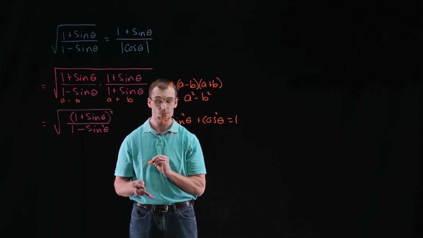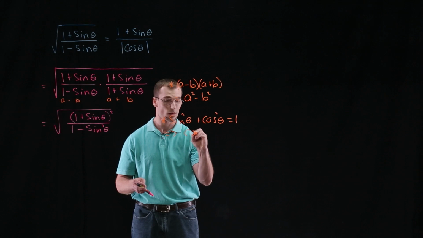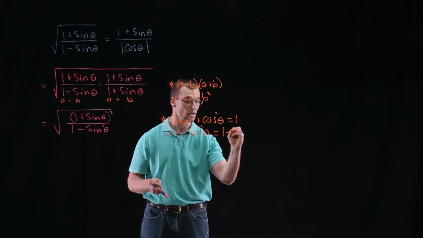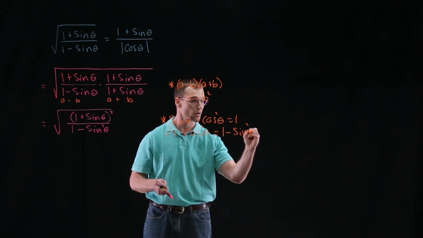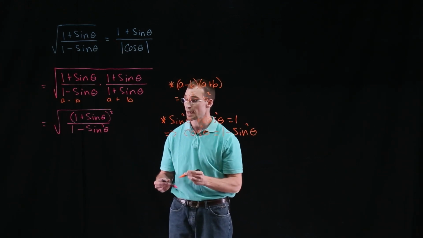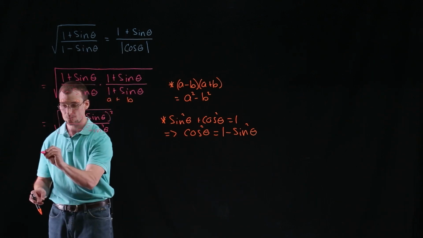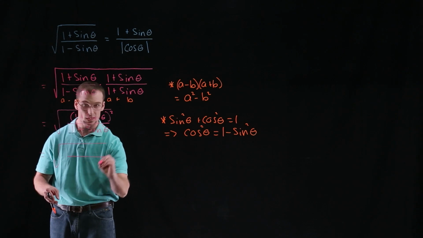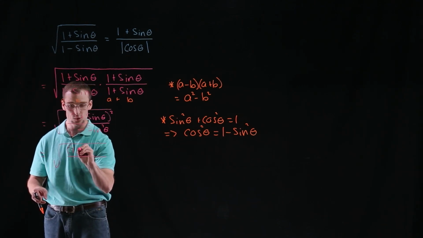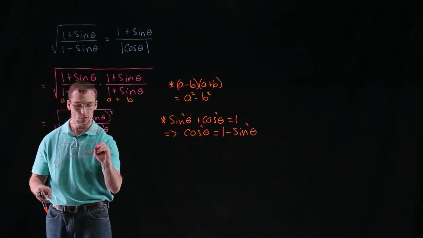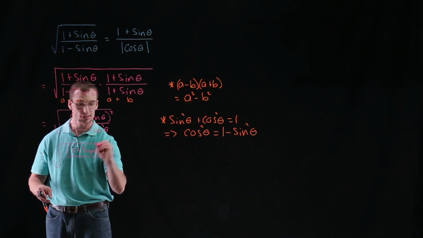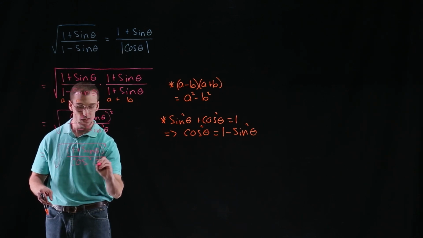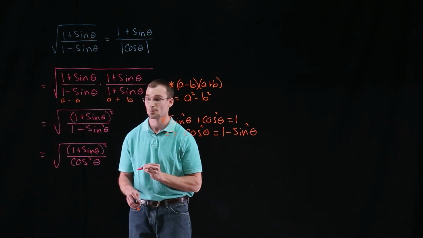This implies that cosine squared theta is equal to 1 minus sine squared theta. So we can make that substitution. For the time being, I'm going to leave the numerator as 1 plus sine theta squared, and the denominator can be written as cosine squared theta.